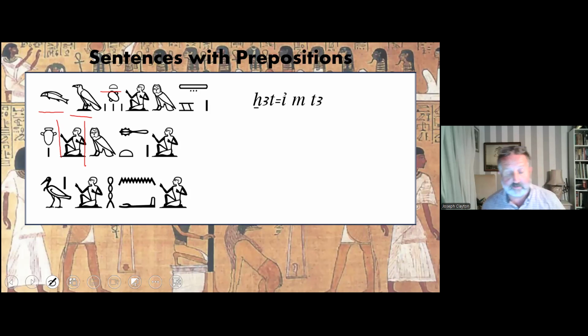So it's just going to be ib, which means mind or heart. So it's going to be ib equals i again. And then we've got m. Remember, always go for m; very few words begin with m written as an m. And then we've got another stroke there. So that gives us a t and a stroke, so that's going to be another ideogram. Then we've got equals i.